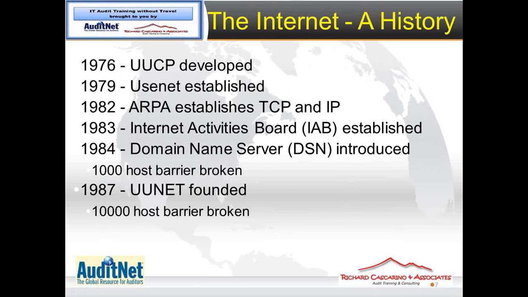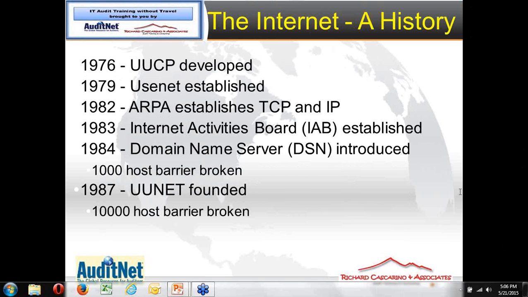Now, the problem at that point was still that if you wished to communicate, you had to know exactly who you were trying to communicate to and how you were going to go about it. So it was a problem. And that was solved when they came up with the concept of the domain name server, where the idea was you didn't need to know the exact location, you needed to know a name for the location, and it would look up what the network address of that location was.